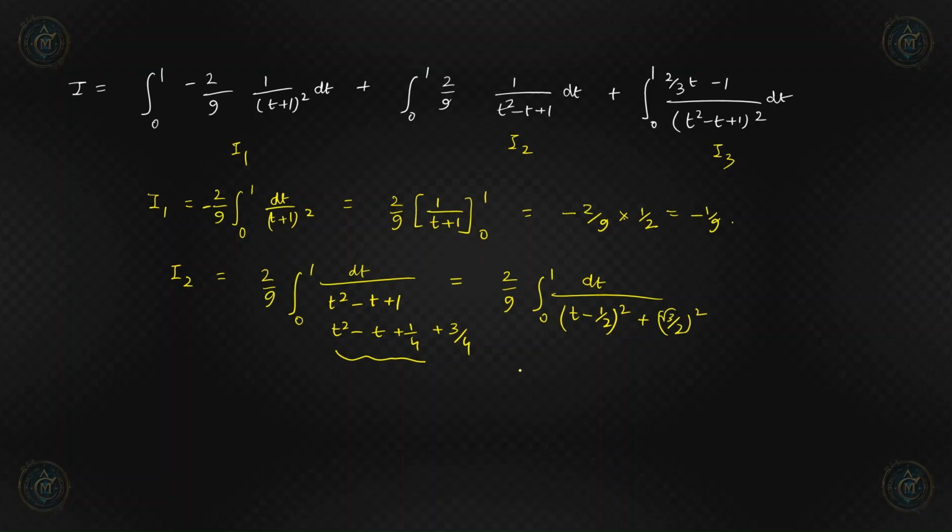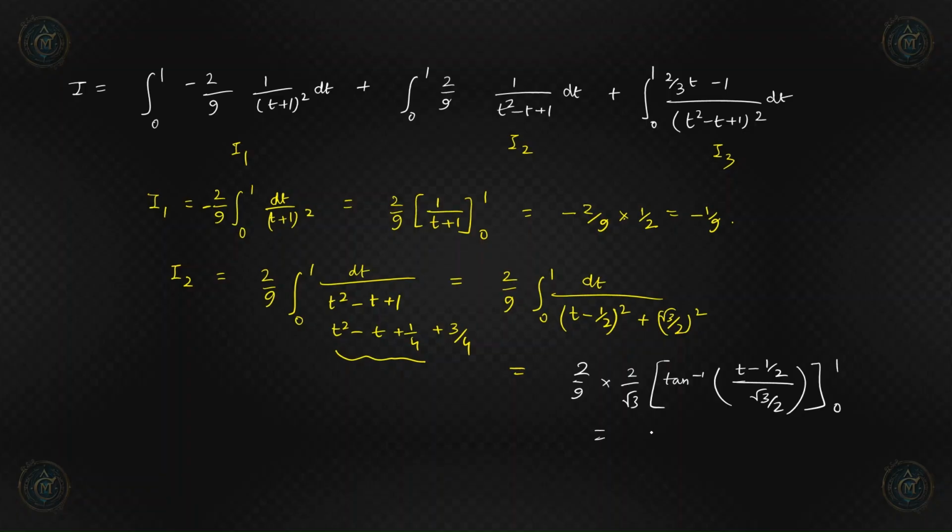This we can easily calculate by using the formula of dx divided by x square plus a square. The integral of dx divided by x square plus a square is 1 by a tan inverse x by a. So this becomes 2 by 9 times 1 by a, so 2 by root 3 tan inverse of t minus half divided by root 3 by 2, with limits from 0 to 1.